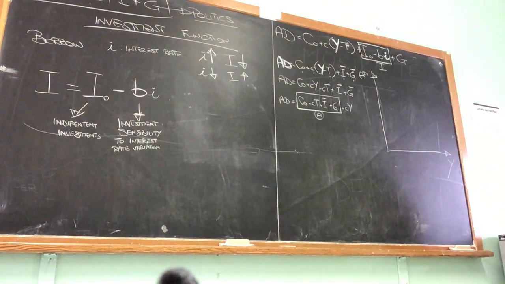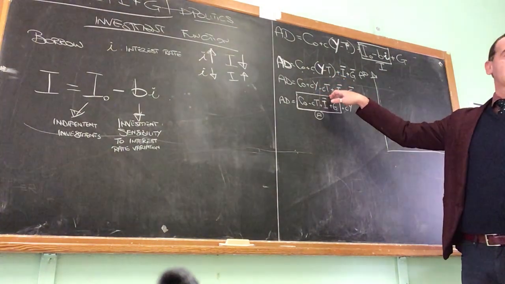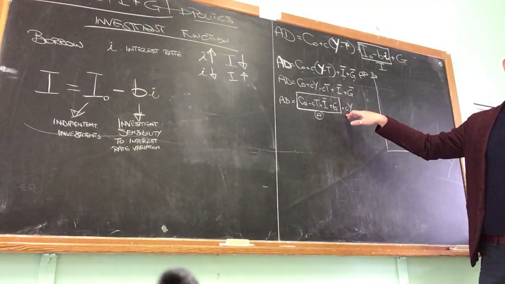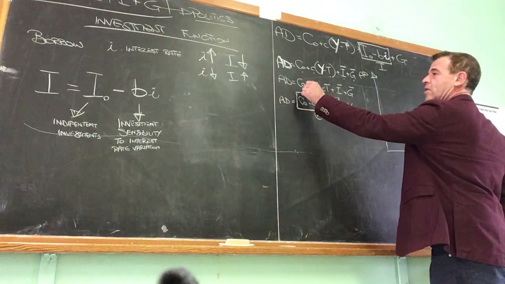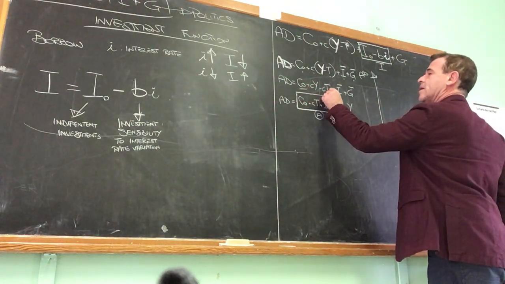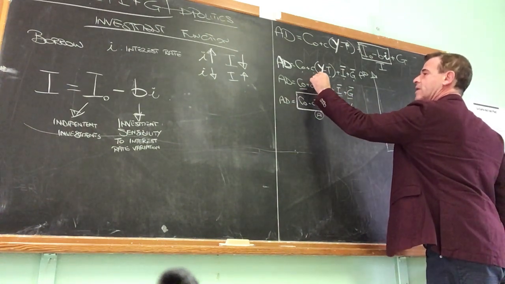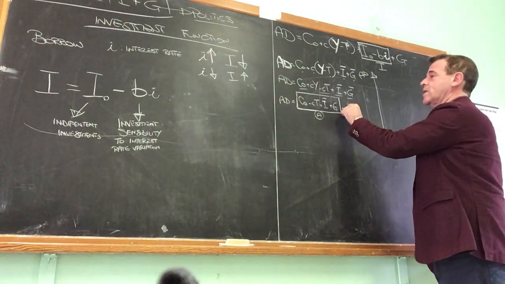Some of you have succeeded in this very difficult mathematical operation. We have solved the parentheses and we have put together the letters that are numbers. C0 is a number, minus cT is a number, this is a number, this is a number. This is the independent variable with its parameter.